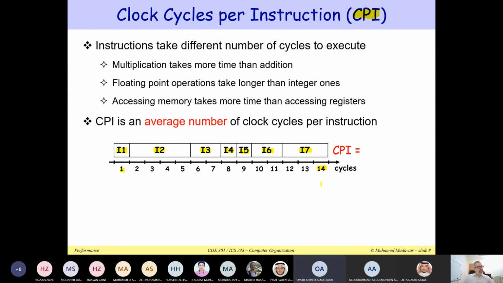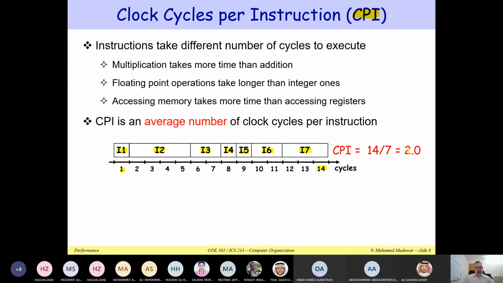So we need to divide the number of cycles by the number of instructions, because it's cycles per instruction, right? So how many instructions do we have in this program? 7. So these 7 took 14 cycles. So divide 14 by 7, you get 2.0.